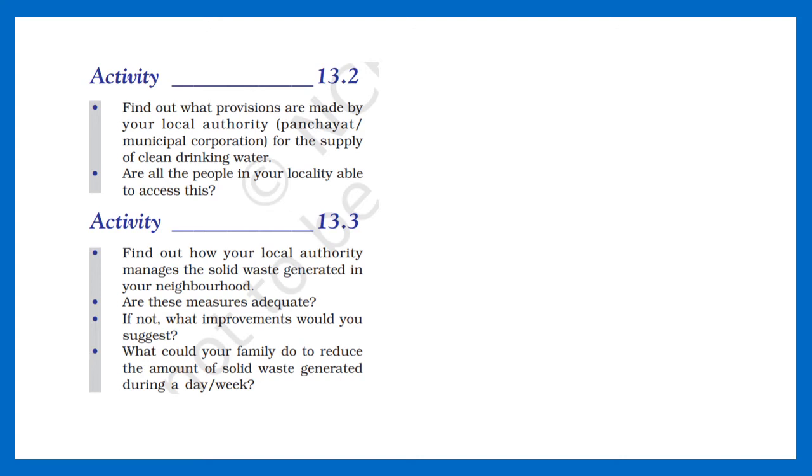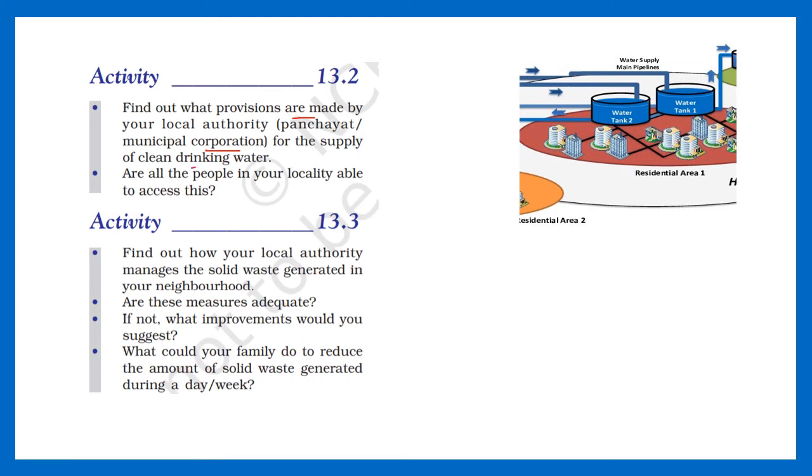This is activity 13.2 and 13.3 taken from your textbook. You can see it in your textbook on page number 177. What does it say? It says, find out what provisions are made by your local authority, whether it is the panchayat or municipal corporation, for the supply of clean drinking water.